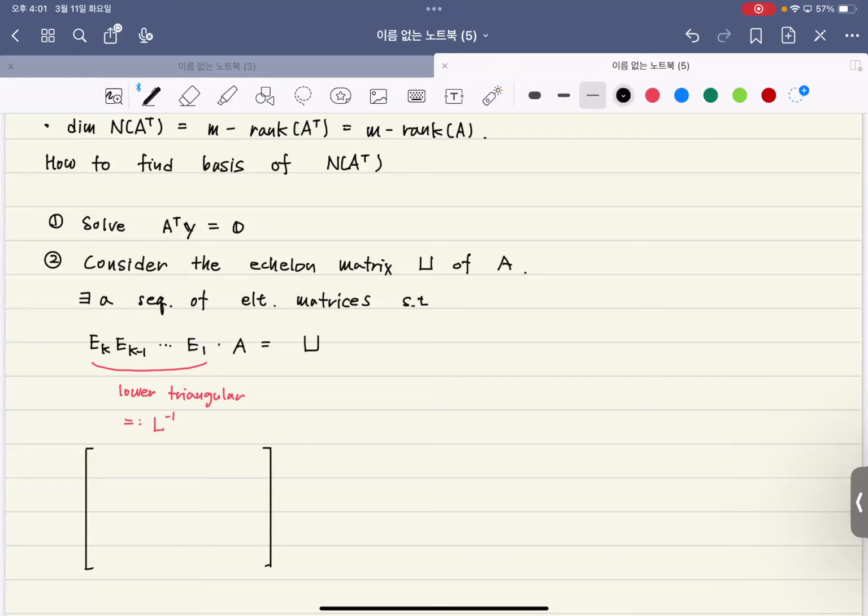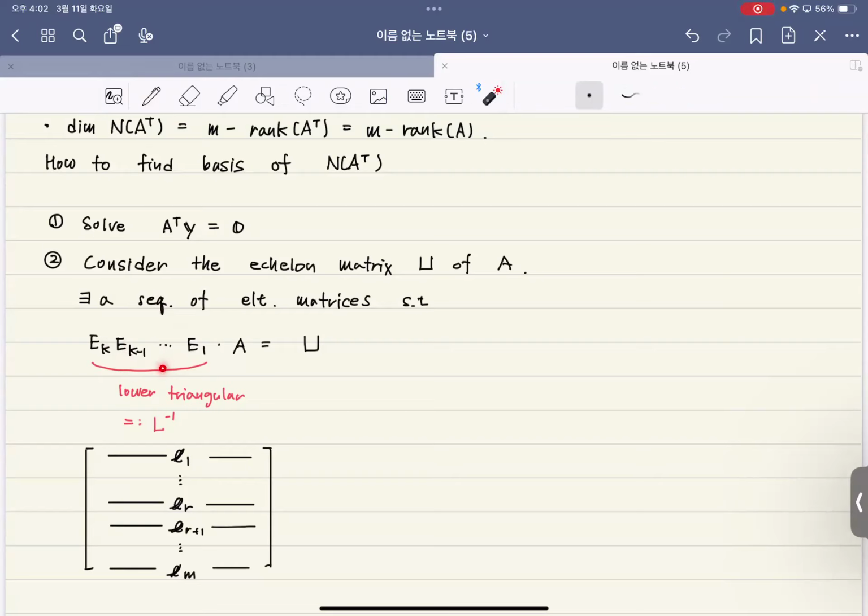This is L inverse, and this L must be an m by m matrix.